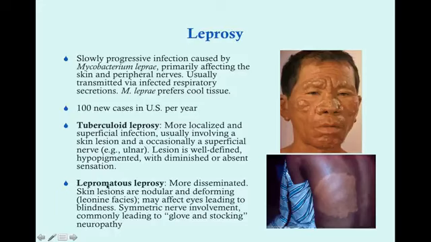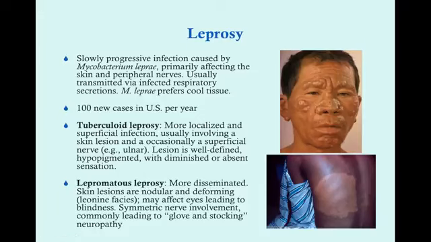Whereas if you're not able to mount a response, and this is really just the genetic lottery here, then you're more likely to get lepromatous leprosy. So it's really just your genetic luck. There's not a whole lot of research or knowledge out there as to why some people get tuberculoid, some people get lepromatous. I don't think it has anything to do with the severity of the strain.